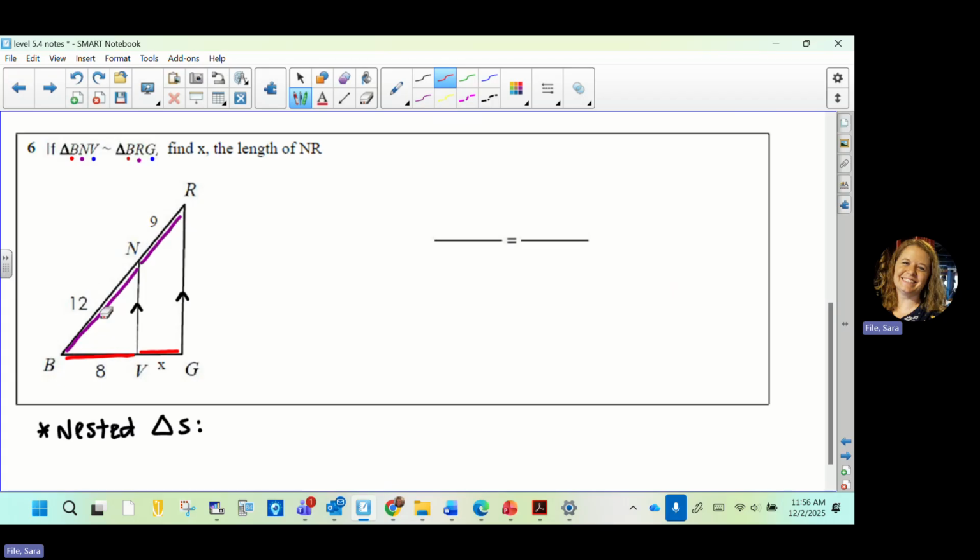So the easiest way to do this is when you have nested triangles, and I should say nested similar triangles. If your nested triangles are similar, the sides are split proportionally.